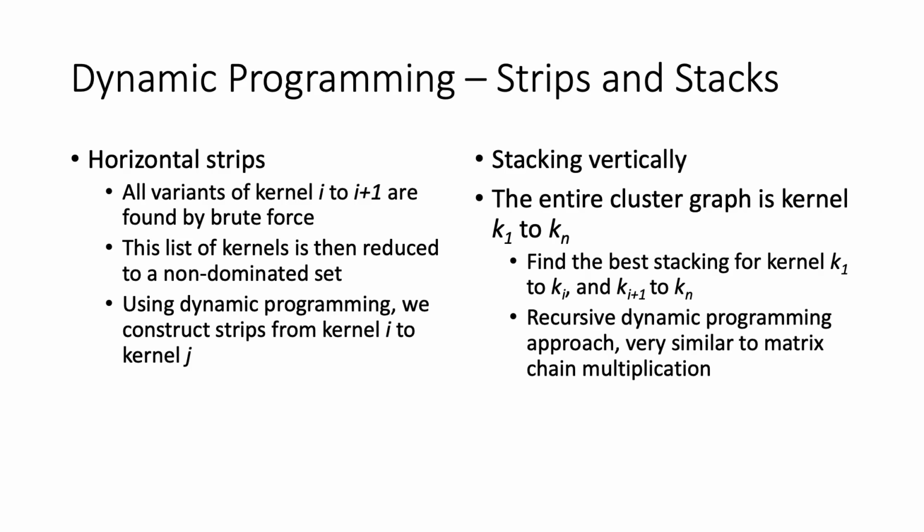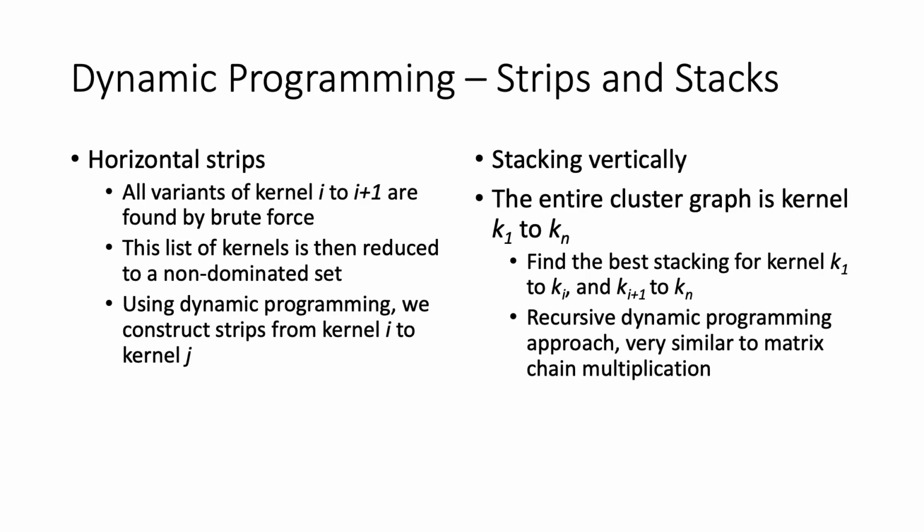If I've got two kernels, kernel I and kernel I plus 1, they're going to go together in series, and I can take every variant of kernel I and every variant of kernel I plus 1, combine them together, and that gives me the pair of them, and then I can find the non-dominated set out of those pairs. Again, using Bentley's divide and conquer approach.